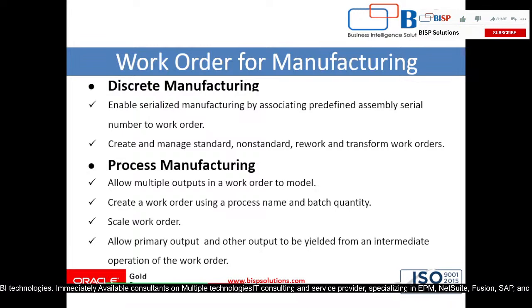Process manufacturing allows the work order for the primary output, and other outputs to be yielded from the intermediate operations for the work order. So this is discrete manufacturing and process manufacturing for the work order, right?